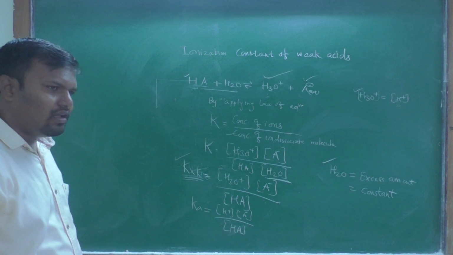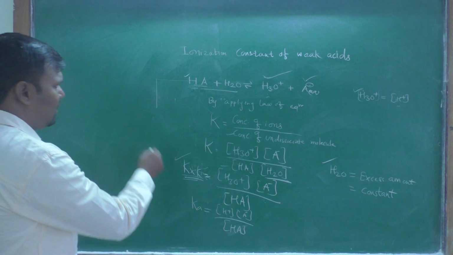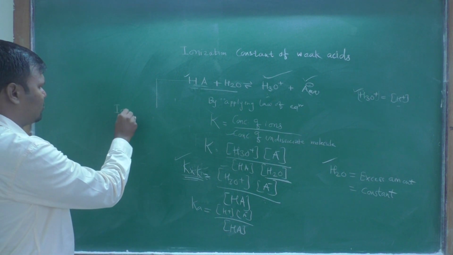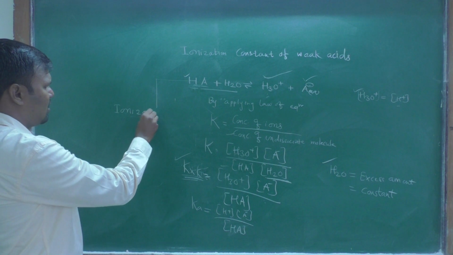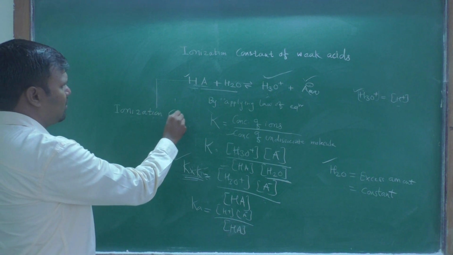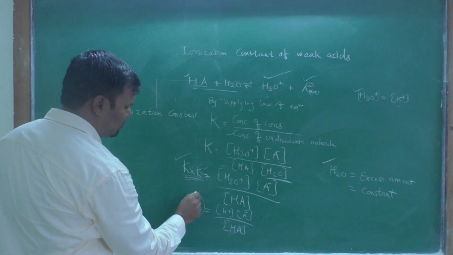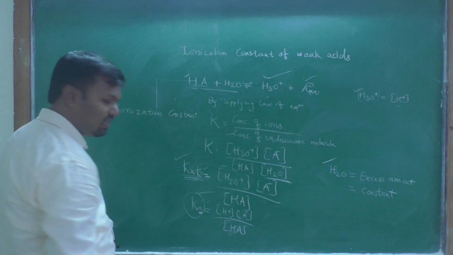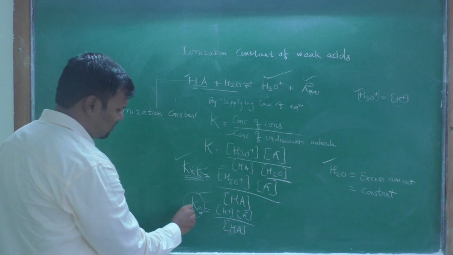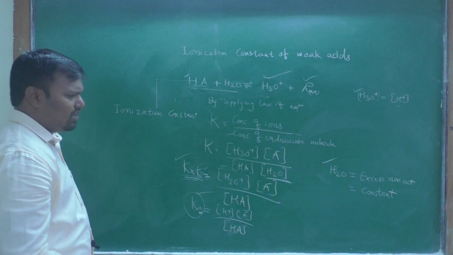Therefore, that is our ionization constant. A stands for acid. The ionization constant Ka is defined as the product of the concentrations of ions.